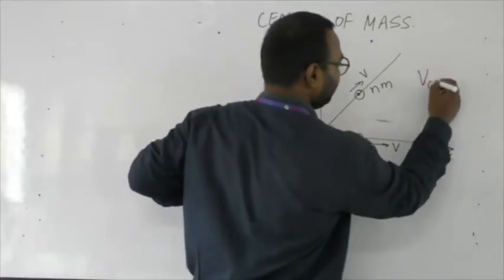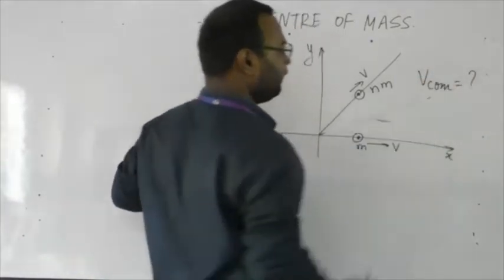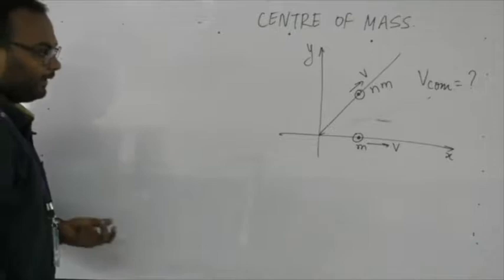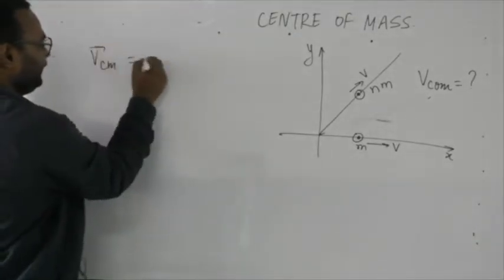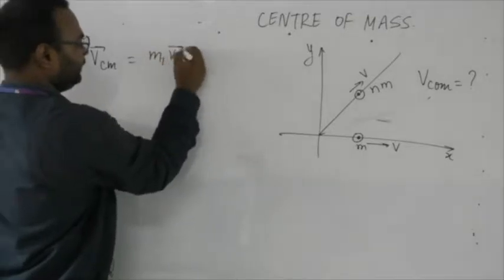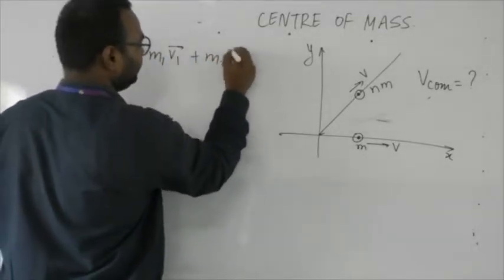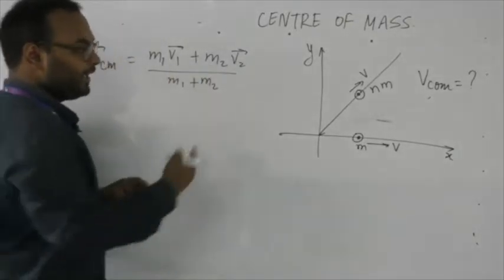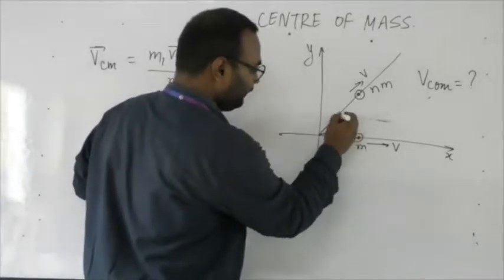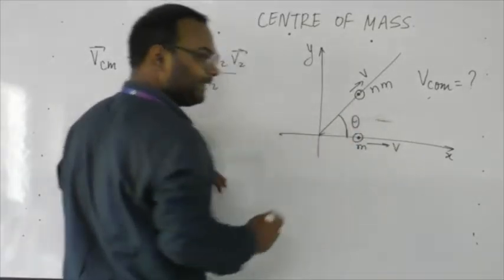That means the velocity of center of mass is what? Okay, we know that VCM we write as m1 v1 plus m2 v2 upon m1 plus m2. This particle of mass nm will be moving with some angle theta with respect to the x-axis.